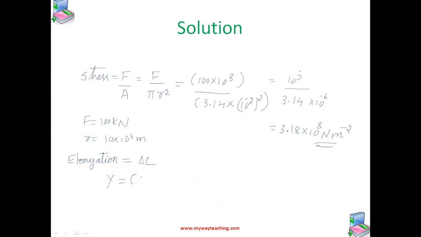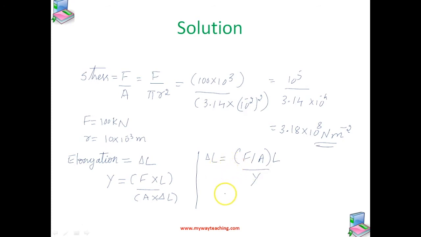So we can write it as F cross L divided by A cross delta L. Here we want delta L. So taking delta L outside, we can write it as F by A into L by Y.